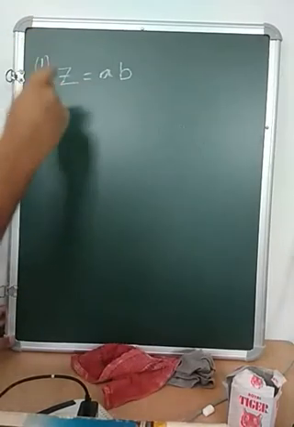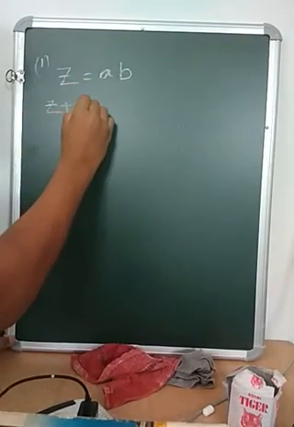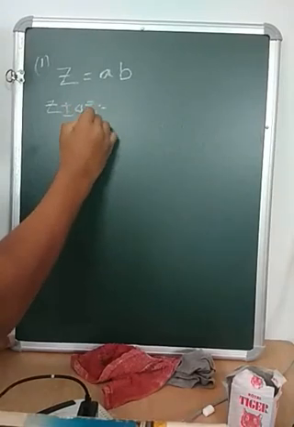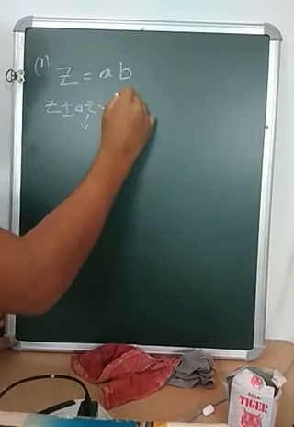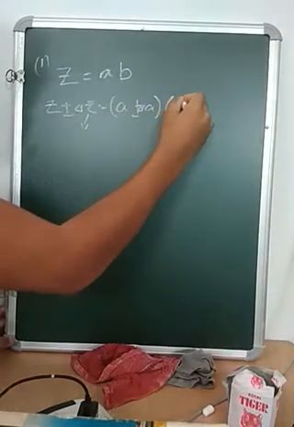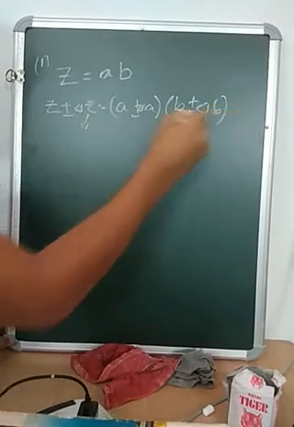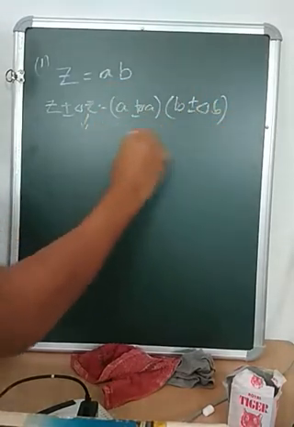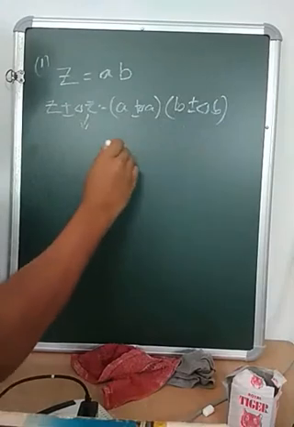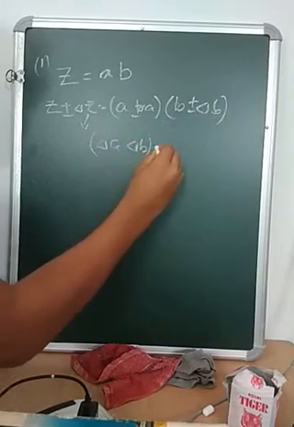For that, as I have done in the class, take the errors also given in the question, a plus minus delta a, b plus minus delta b, and you simply multiply these and neglect the product term after multiplication.